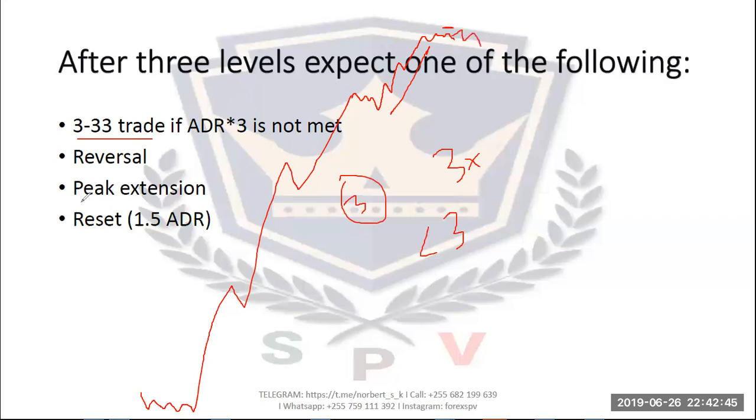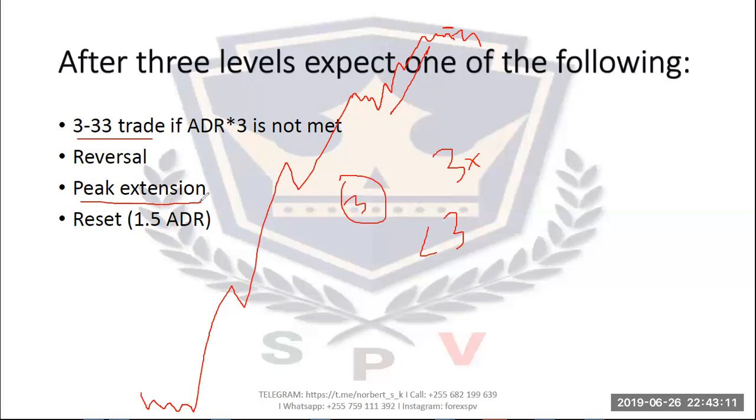Sometimes the dealer might extend a peak because we know the dealer has to verify various criteria for the retail traders to take a trade. So you would find a peak extension, like the price is extended further. If that happens, it's well and good.